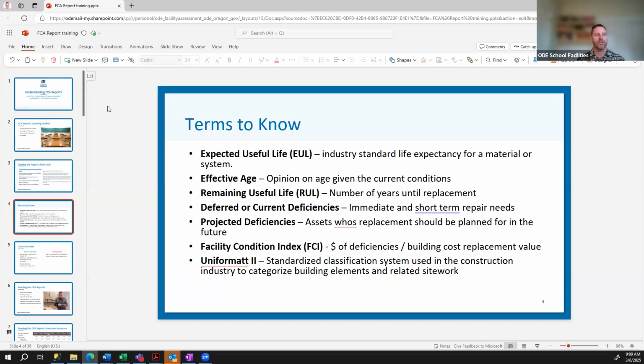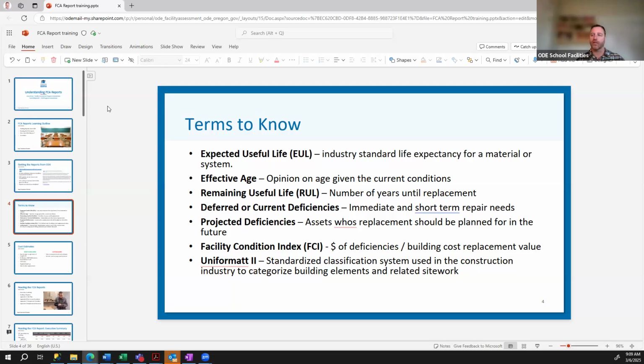The facility condition index, which we'll talk about how we calculate that. Essentially, it's another way for you guys to compare buildings across a school or even across your district. So each building has a facility condition index score, and the higher the percentage, the worse off the building is as far as deferred maintenance.